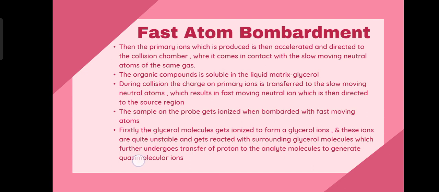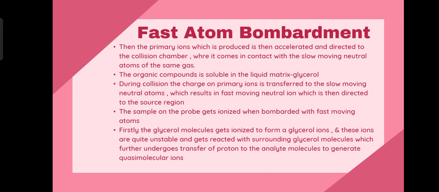So here the sample on the probe gets ionized when it is bombarded with the fast moving atoms of argon and xenon. Firstly, the glycerol molecules get ionized to form glycerol ions, and then these glycerol ions, because of their instability, further react with the surrounding glycerol molecules, which leads to the transfer of a proton from the glycerol molecules to the analyte molecules to generate a quasi-molecular ion.